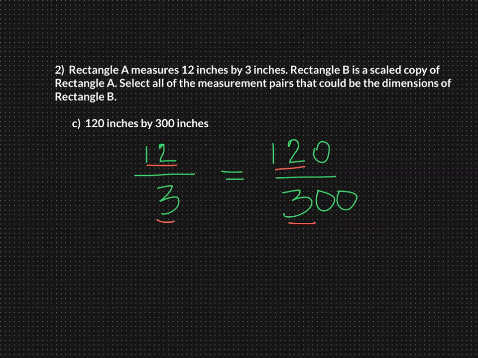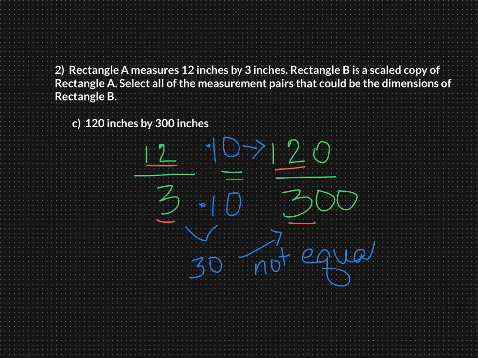So 12 times what equals 120? Well, you should know that that's 10. So if I do 3 times 10, I'm actually going to get 30, which is not equal. So therefore, this is not a scaled copy.